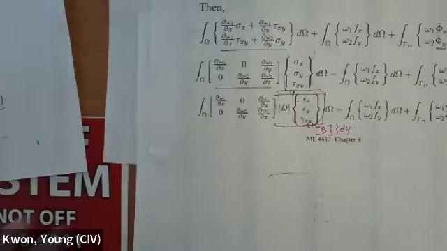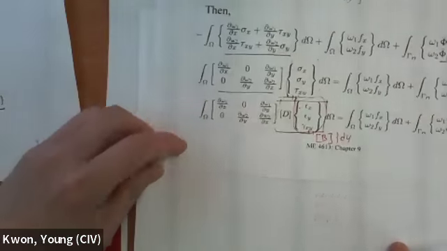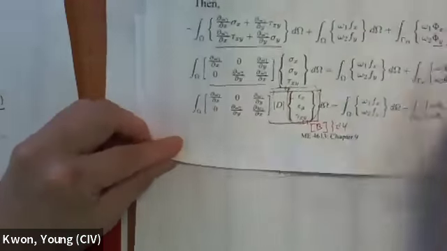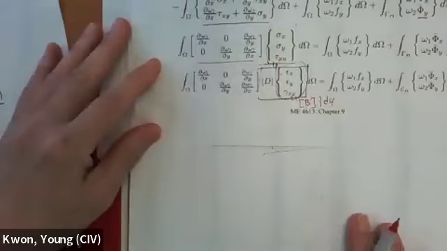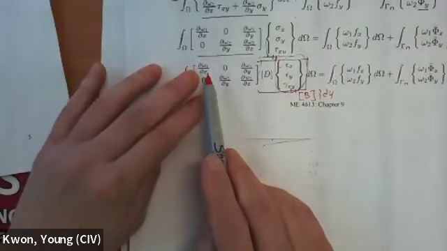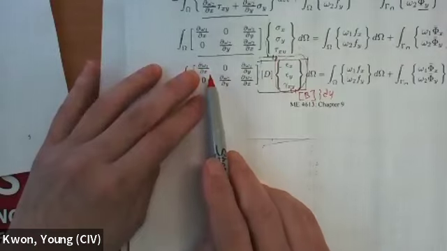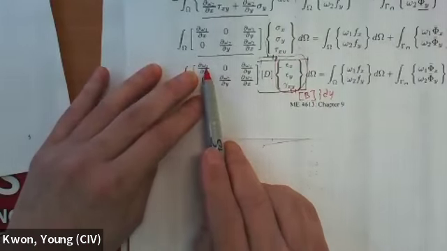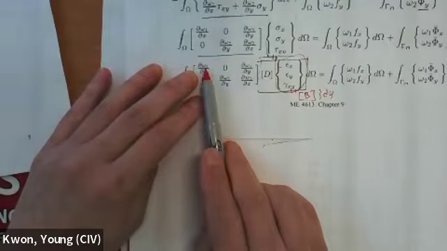if I use Galerkin's technique, then what is the feature of Galerkin's technique? In Galerkin's technique, we use the same shape function for the test function, right? The test function is equal to the shape function.